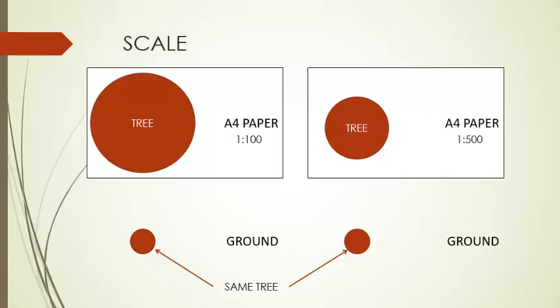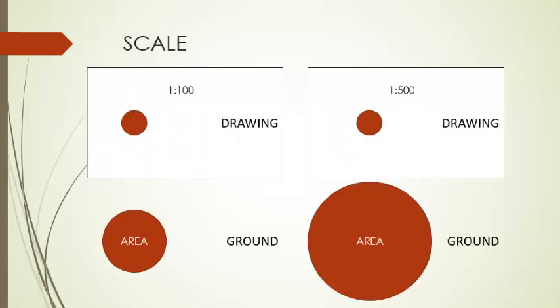This means 1 centimeter on paper represents 100 centimeters on the ground. Now back to the previous discussion. Compare it to 1:500 ratio or scale. 1 centimeter on paper means 500 centimeters on the ground.